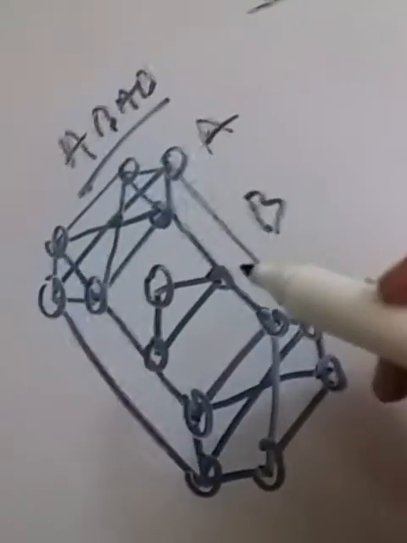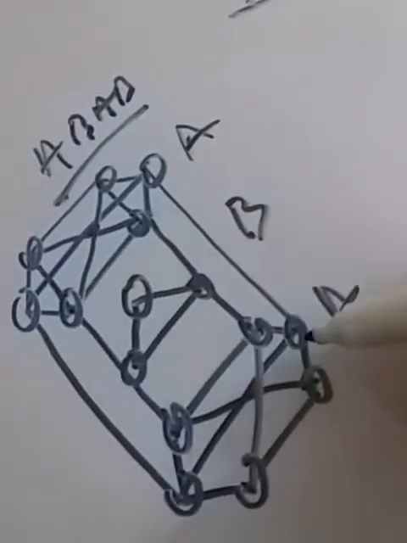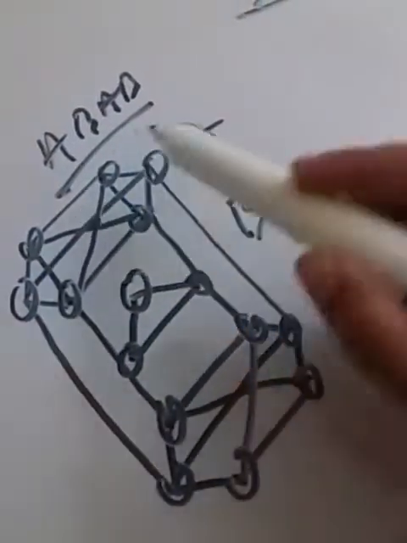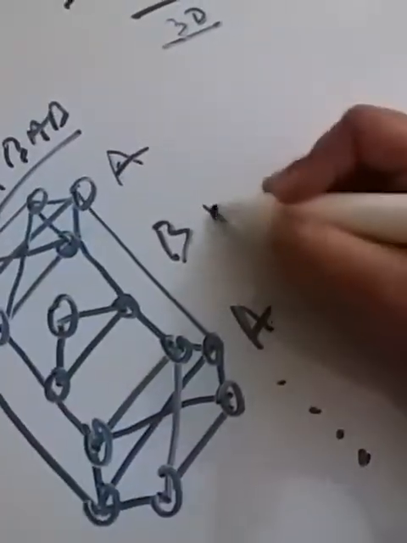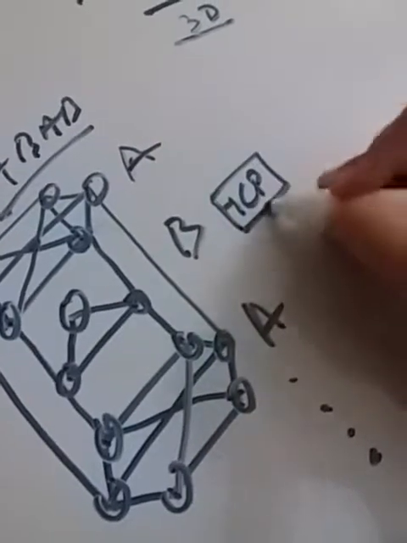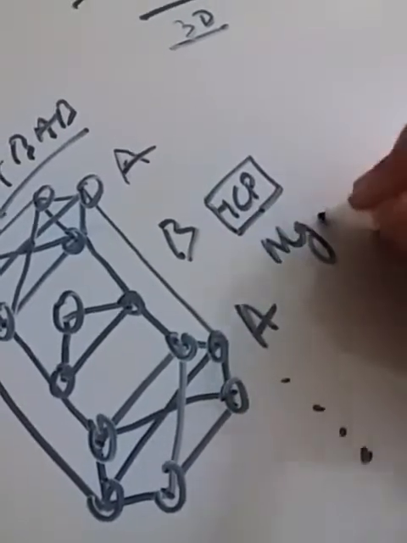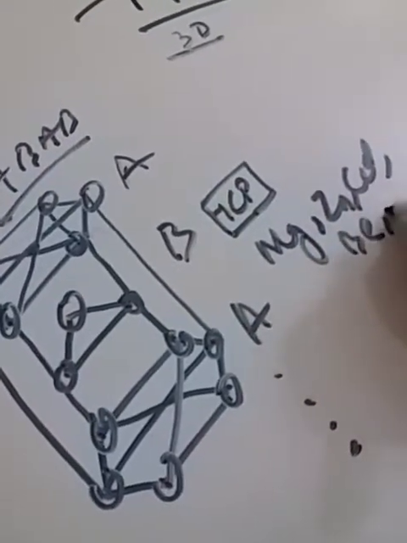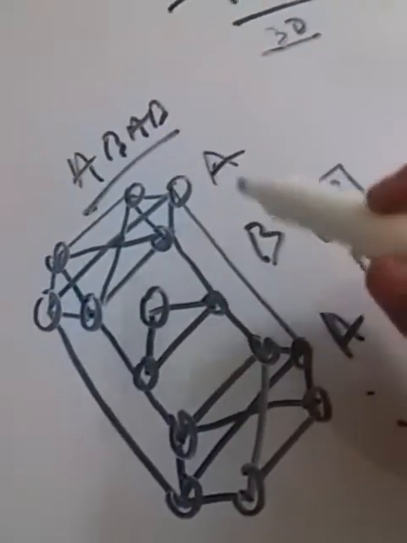So the arrangement is like this: A, B, then again A, then again B. It will continue like that. So this is the ABAB layering pattern, that is hexagonal close packing. It is found. Examples are magnesium, then zinc, cadmium, beryllium, etc. These are the layering pattern of ABAB.